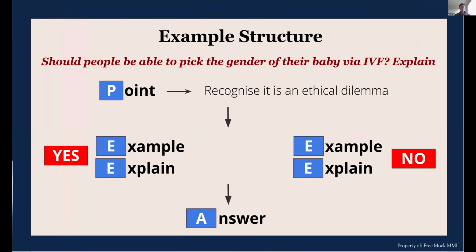All right, so the example structure for this question, should people be able to pick the gender of their baby via IVF? So, of course, you start with a point, and just to recognize that this is an ethical dilemma, and explain why it's an ethical dilemma as well, give a basic context. So, I will probably say something like, there is some gender inequity in society, and there are probably many parents who prefer one gender over the other.